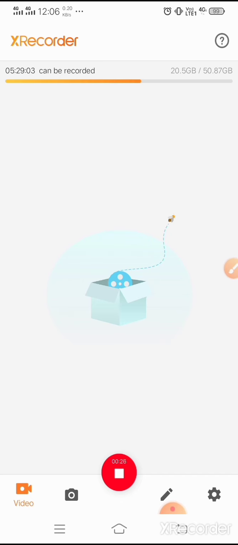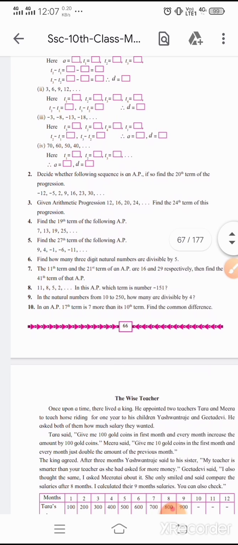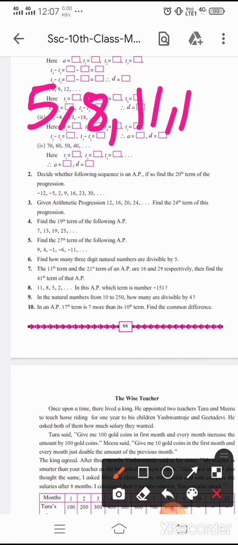Last time I told you how you can easily find out whether a sequence is in AP or not, and how to find the first term, then the common difference and all, right? But suppose you have a sequence of numbers, for example 5, then 8, 11, and then 14, okay?